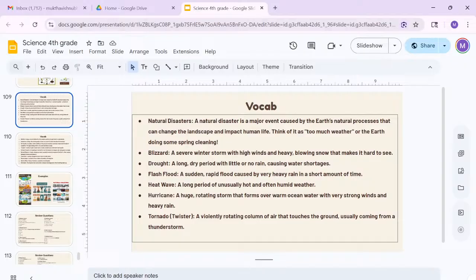Flash flood, a very fast flood that happens with heavy rains in a short amount of time. Heat wave, which usually comes along with a drought, a long period of unusually hot and humid weather. Hurricanes, huge rotating storms that form over warm ocean water with very strong winds and heavy rains. Tornadoes, also called twisters, are violently rotating columns of air that touch the ground, usually coming from a thunderstorm.